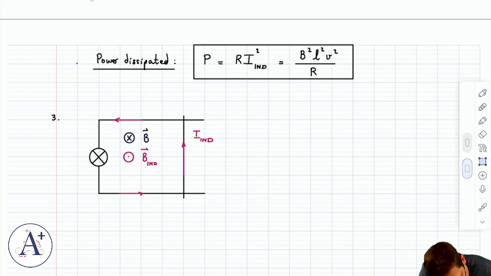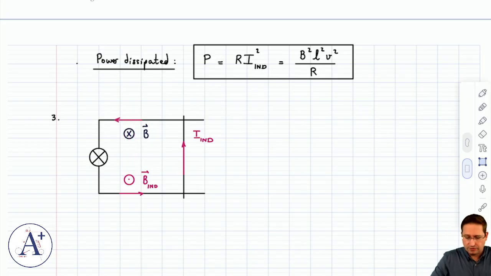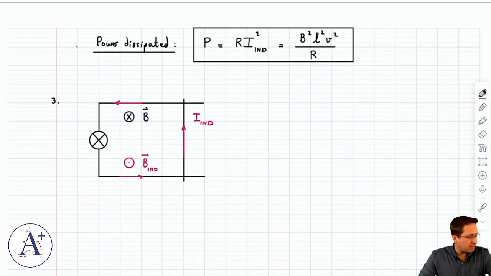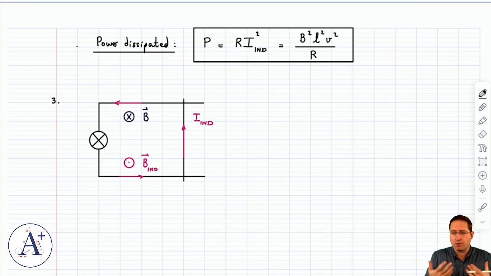And therefore, I know that I have a current, I induced, that flows through two magnetic fields, B and B induced. And I know that a current flowing through a magnetic field is going to experience a magnetic force. The question is, it is I induced, that's the only current, but which magnetic field do I choose? Do I choose B or B induced to do the right-hand rule and to compute the force?